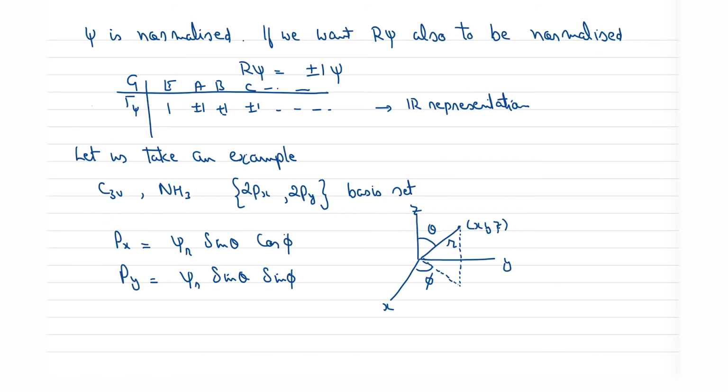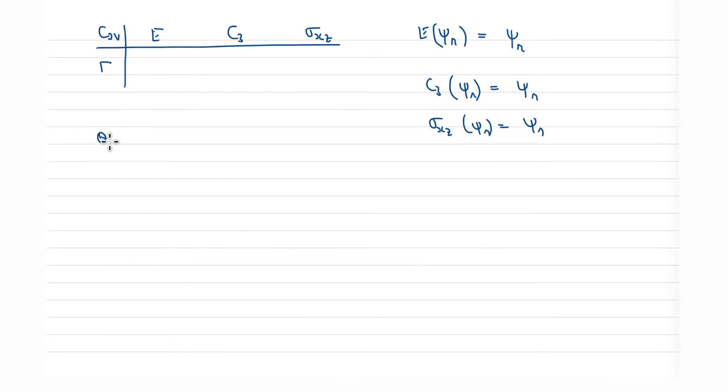That means theta 1 must always be equal to theta 2, where this is the angle before the symmetry operation and this is the angle after the symmetry operation is performed.